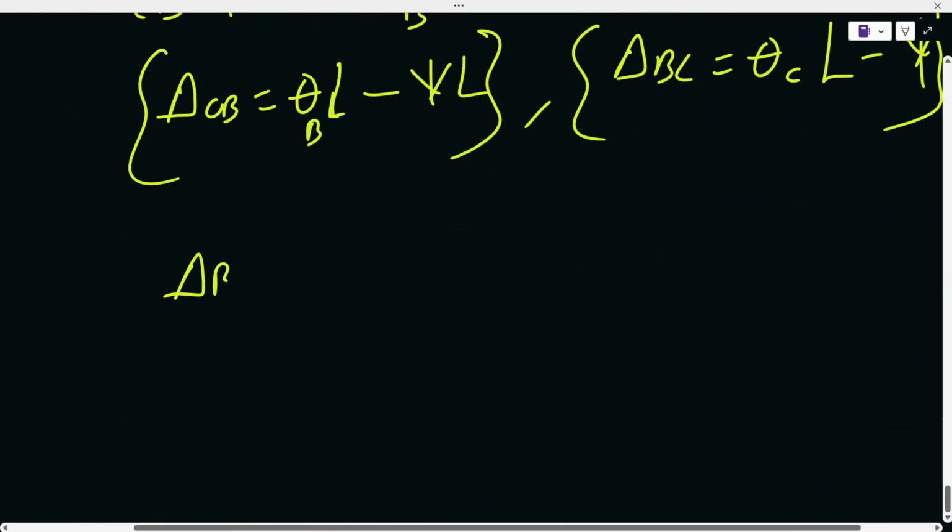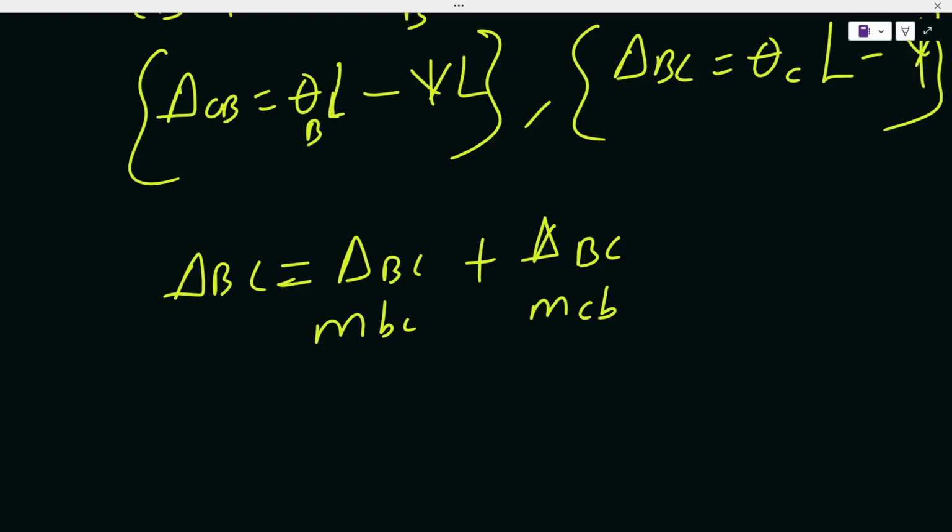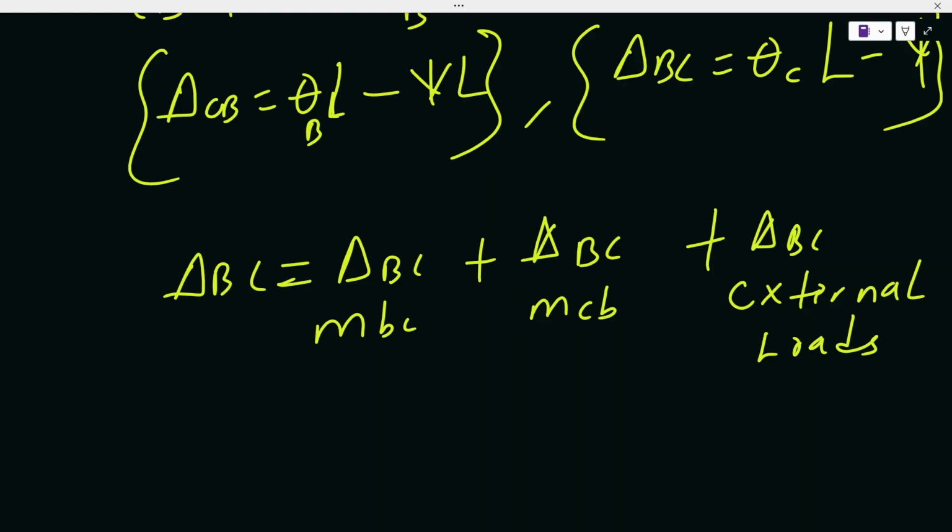Delta BC of the main must be equal to delta BC due to MBC plus, that is acting separately now, they're acting separately, which we derived at that time, due to MCB plus delta BC due to external loads. The main.